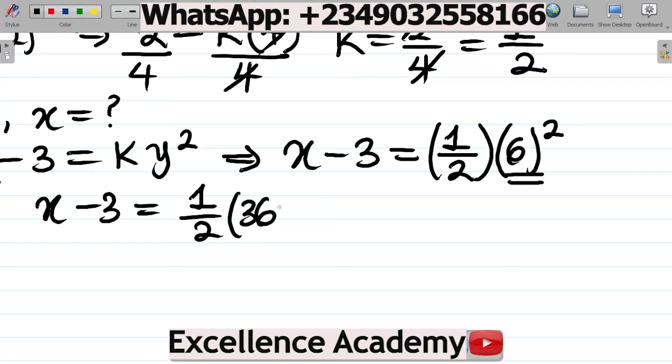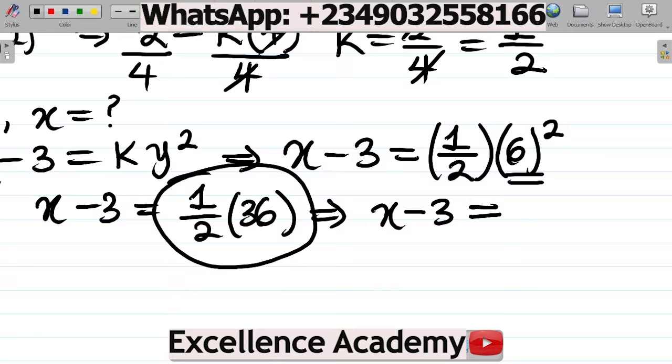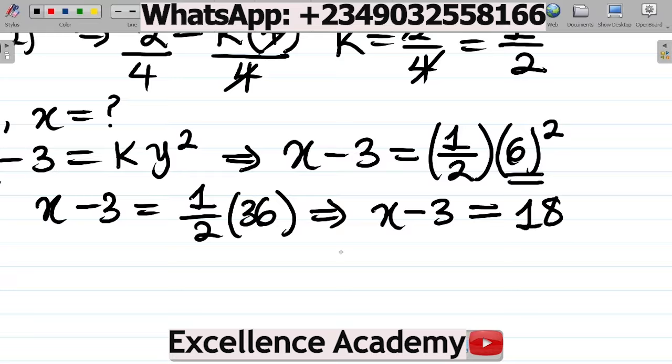Working on this, x minus 3 is equal to half times 36, which is half of 36. Half of 36 is 18, so that's equal to 18. To get the value of x, all we have to do is move minus 3 over the equality sign, and it becomes plus 3.